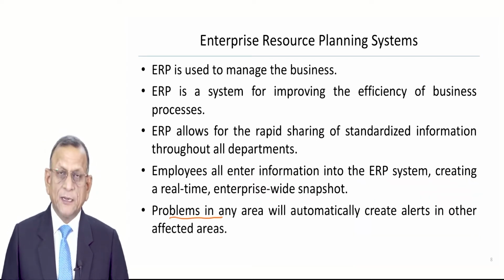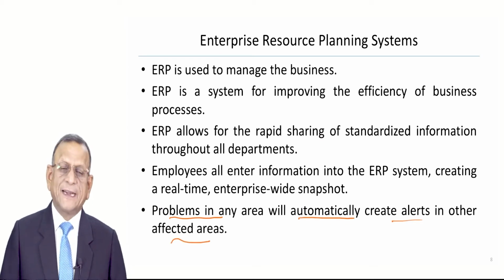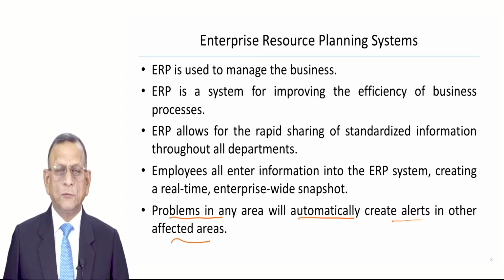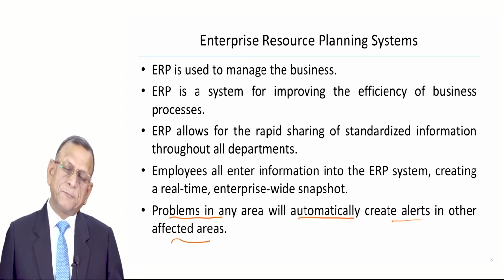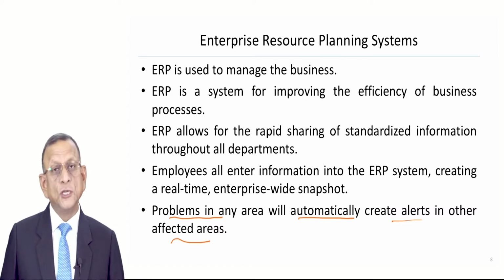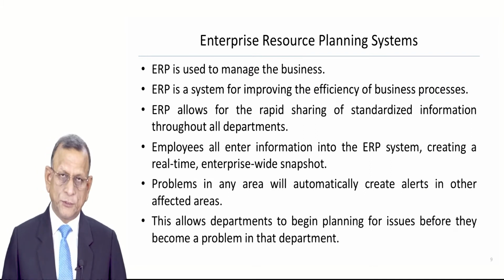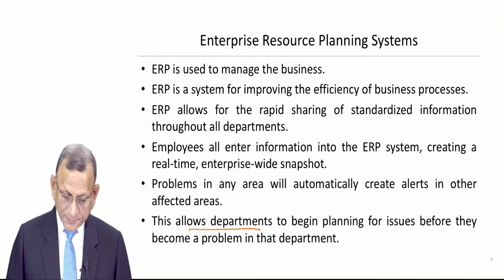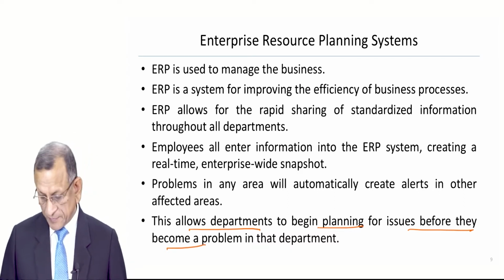Problems in any area will automatically create an alert in other affected areas. You will be in a position to know what's happening in the adjoining area, the previous process, so you will be able to foresee what may happen in your process too. This allows departments to begin planning for issues before they become a problem in their department.